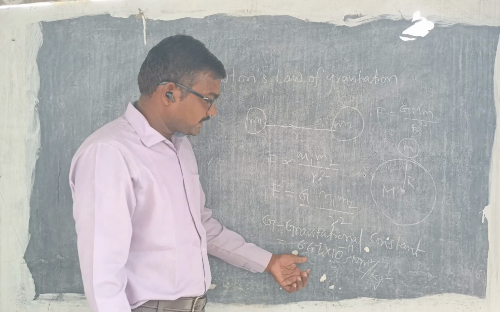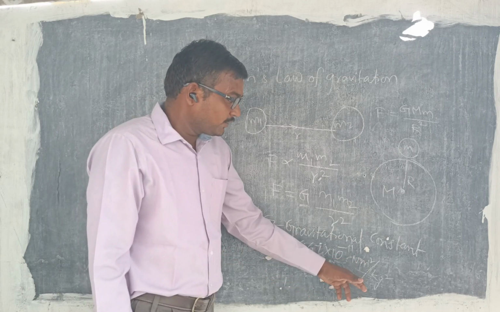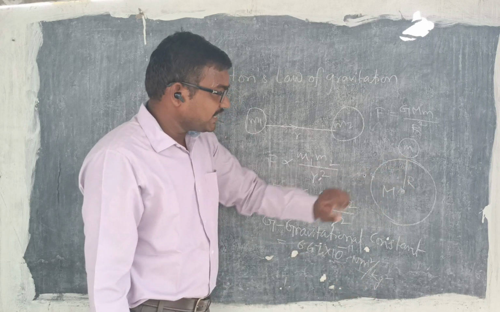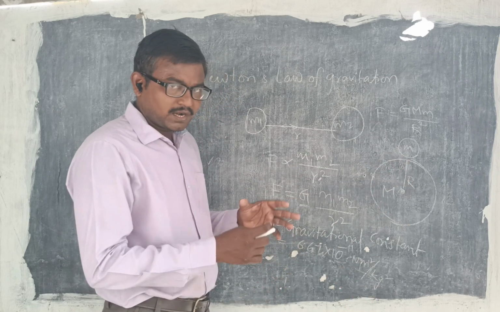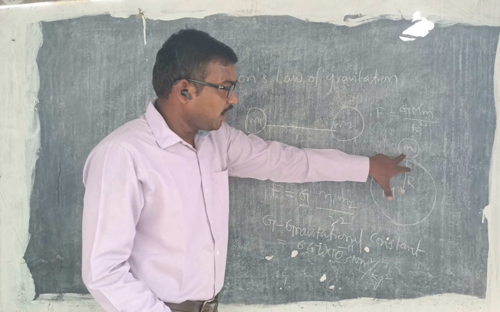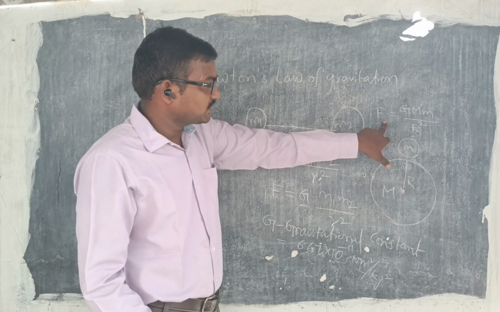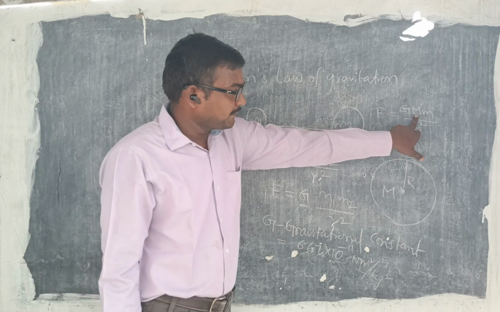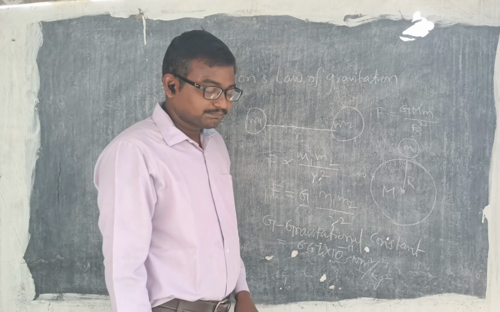G equal to 6.67 into 10 to the power minus 11 Newton meter square per kg squared. If we consider an object of mass m on the earth, the gravitational force F equal to capital G, capital M, small m by r square.